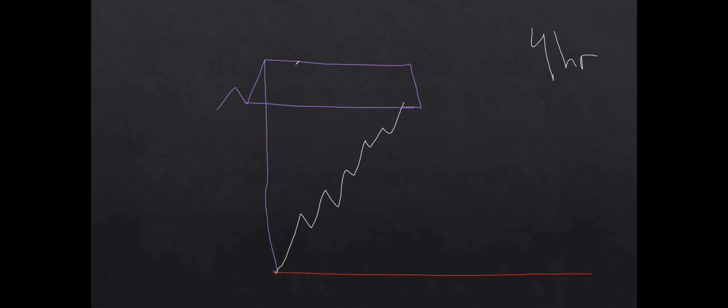What's the best time frame? What's the most logical thing to do? Drop down a few time frames, 1, 2, 3, and let's say this is a 15-minute. So first we wait for it to break, and then we obviously need to confirm.